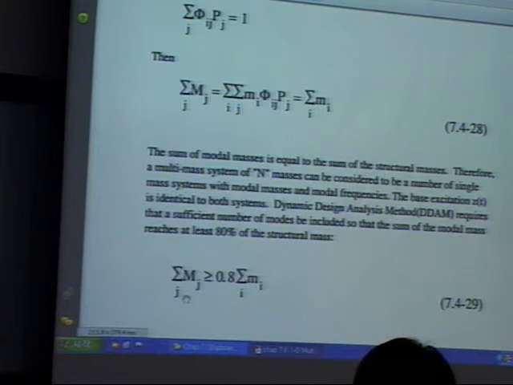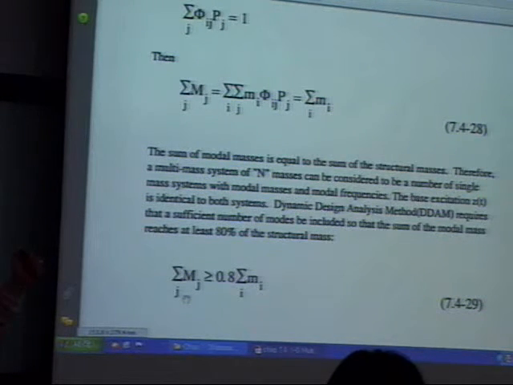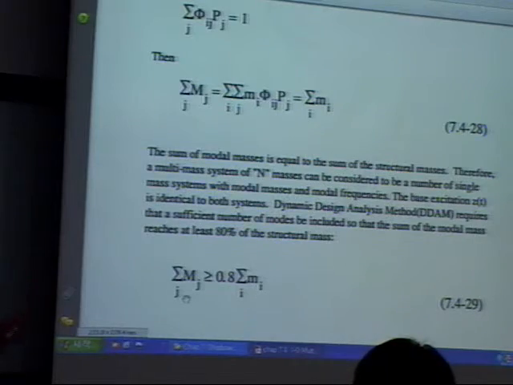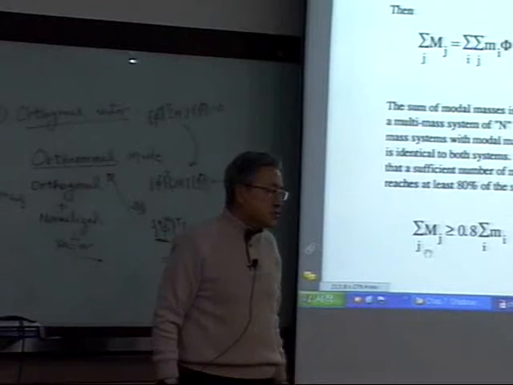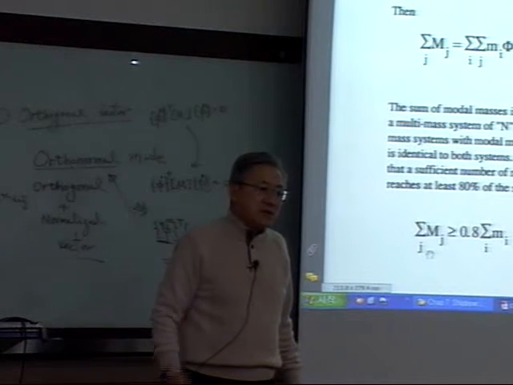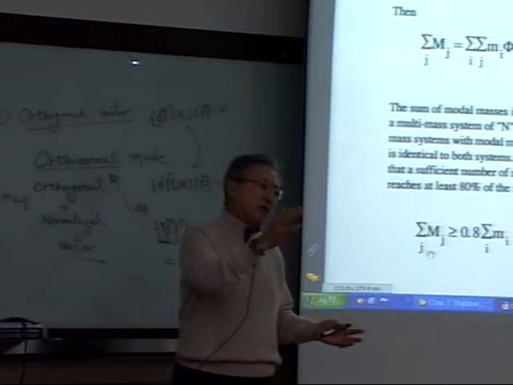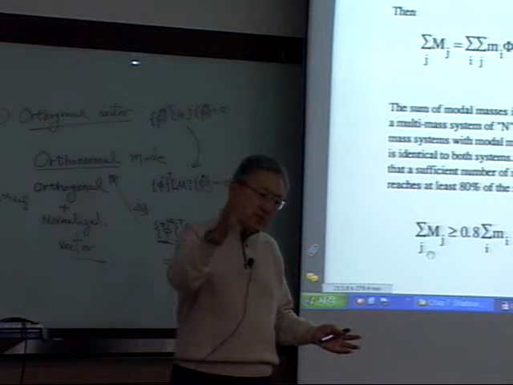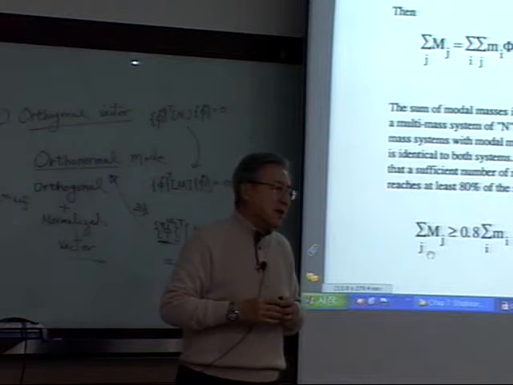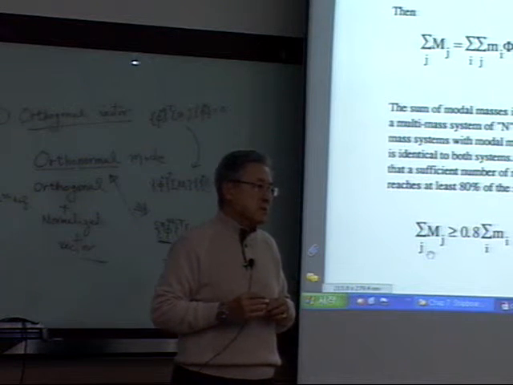So for a 10,000-mode structure, when you add maybe 100, it could already be 80% of the total mass. Then you stop. Then just use those modes which provide just over 80% of the total mass.